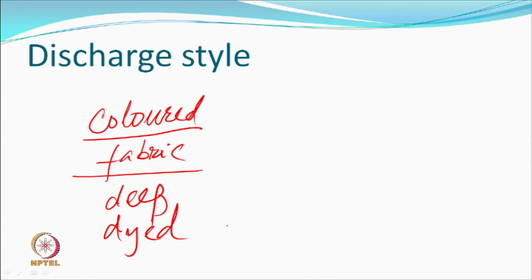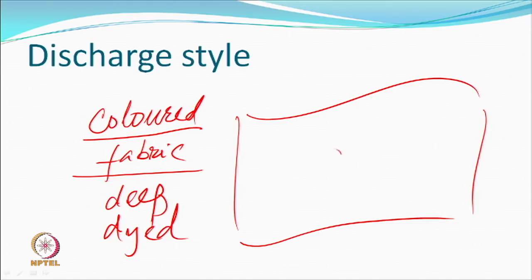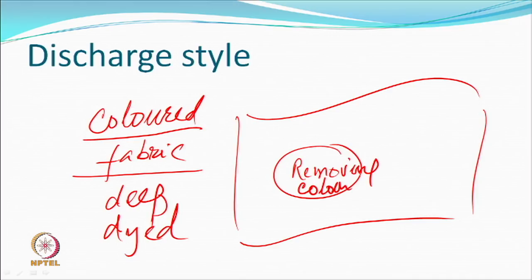If it is colored fabric, then you say discharge style, and what it means is that from the colored fabric you are going to be removing color from the design. And how do you do that? You destroy the color, could be by anything, generally a reducing agent.